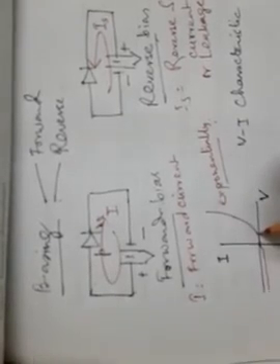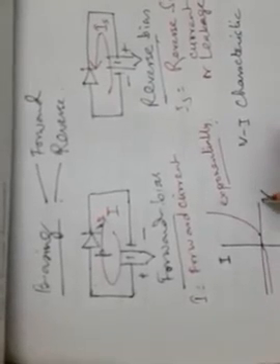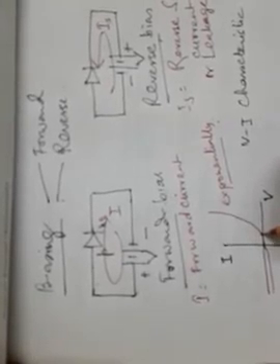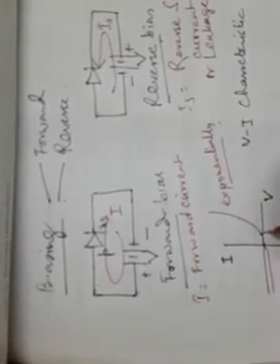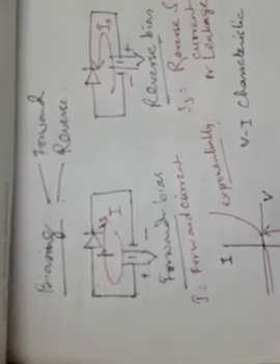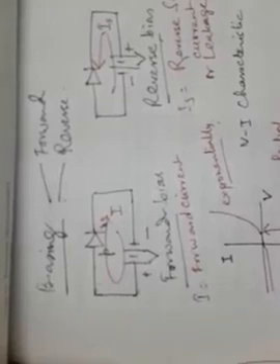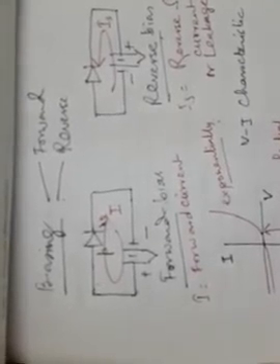So this certain voltage, which acts as a boundary between a high conduction state and a low conduction state of the diode in forward bias, is called the barrier potential, or we can say the cut-in voltage, or alternately the knee voltage.